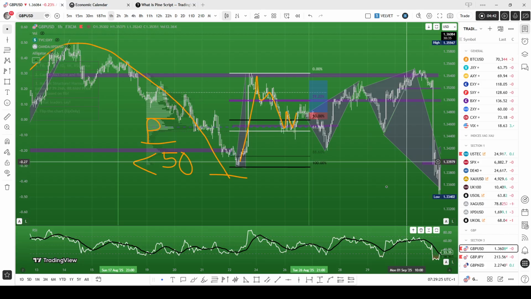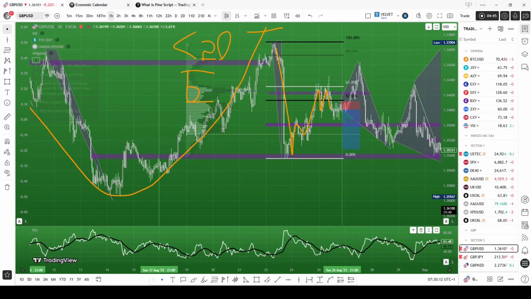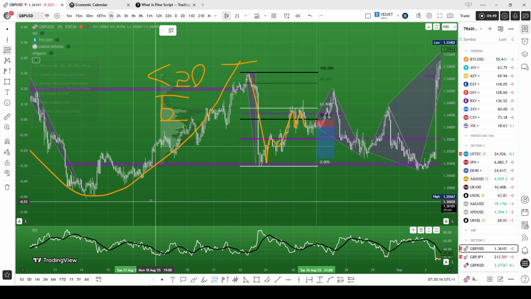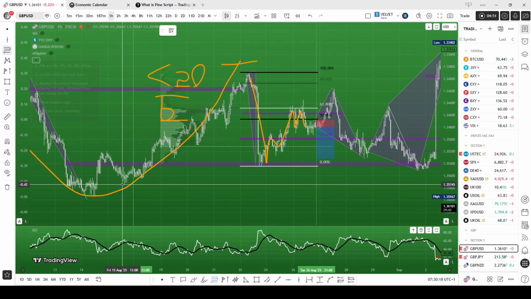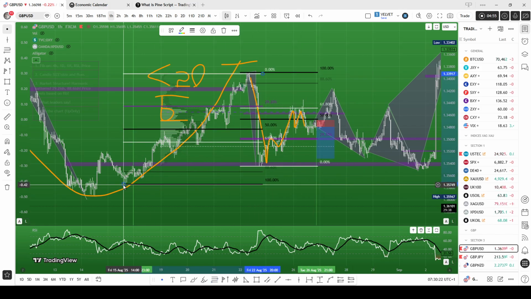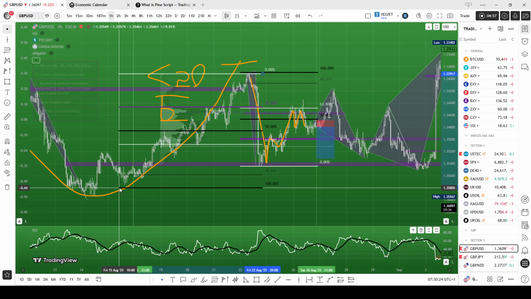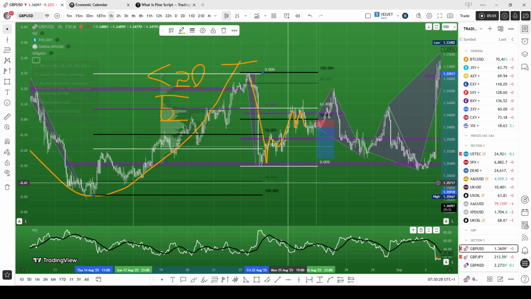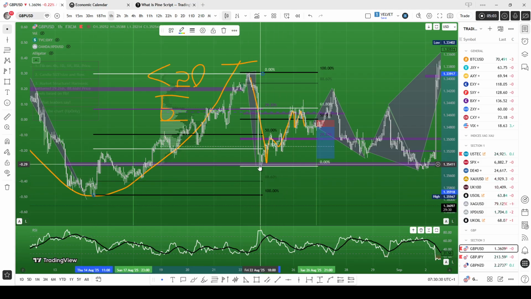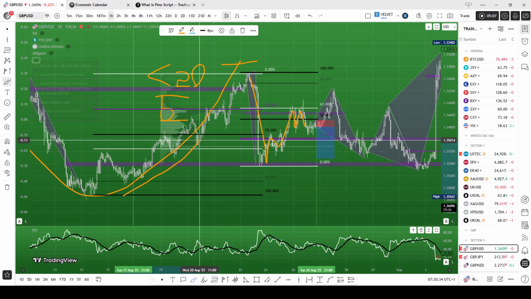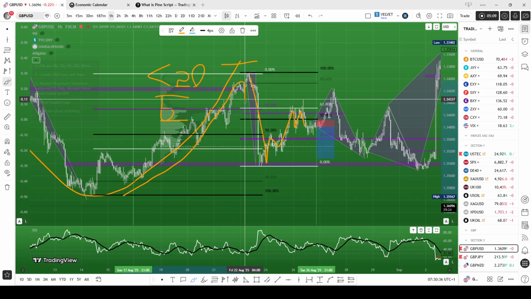Okay. If we flip the chart and somehow would decide or would want to short this market, in this case long this market as I wanted, then there's another issue with the fib that has formed there.